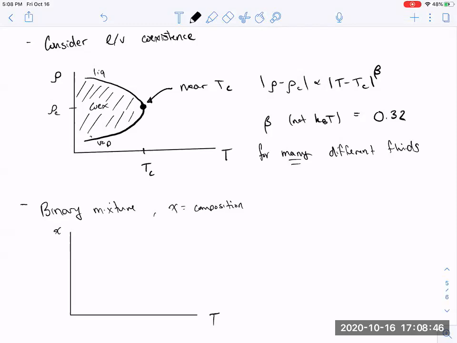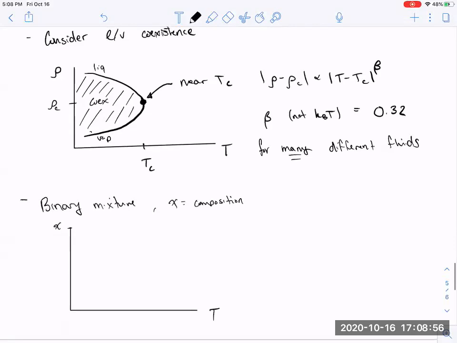For concreteness, let's imagine an oil-water mixture. So at low temperature, if I put water in contact with many oils, let's call X high, meaning mostly water, X low being mostly oil. There is some amount of water in oil.